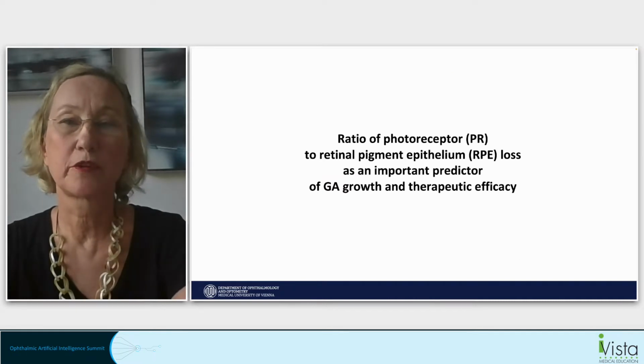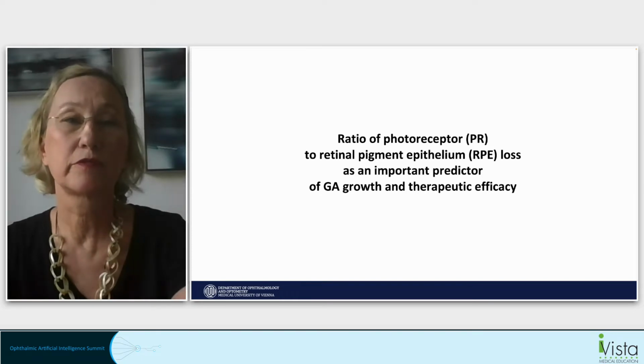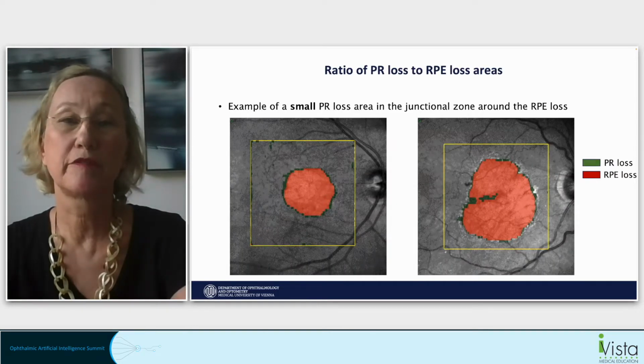And photoreceptor loss was shown as the initiating step of geographic atrophy disease. What came out as a major conclusion was also that the ratio of photoreceptor loss versus retinal pigment epithelial loss is the most important predictor of GA growth, as well as therapeutic efficacy.